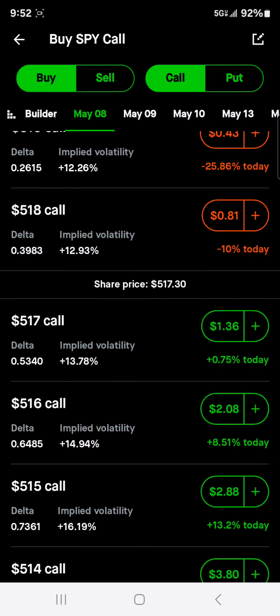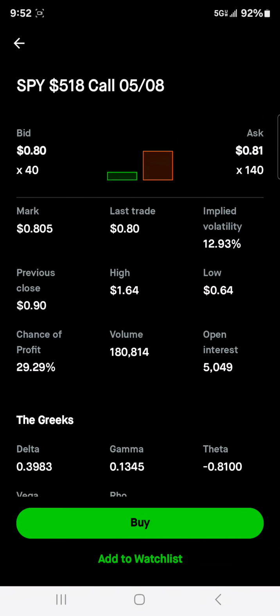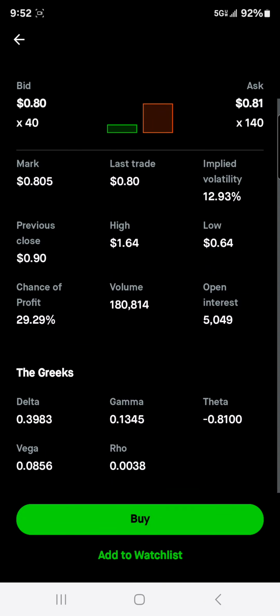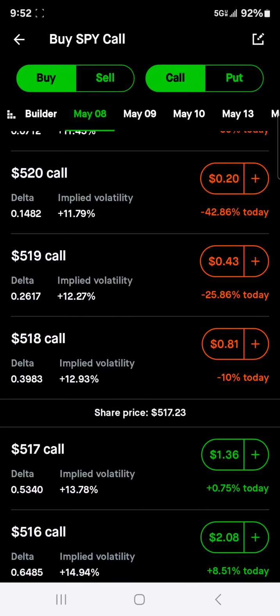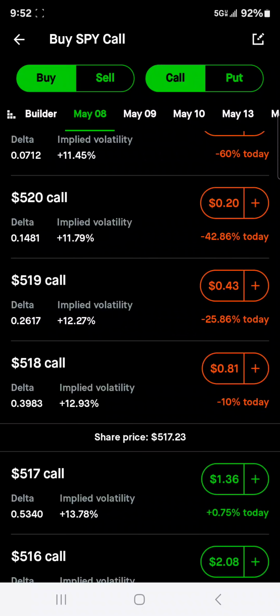And it goes the same way if it's going up or down. Another thing I want to point out: when you purchase your option, it'll give you the final total when you go to see it in your account. It tells you what your break-even price is, without getting into too many details at the moment.